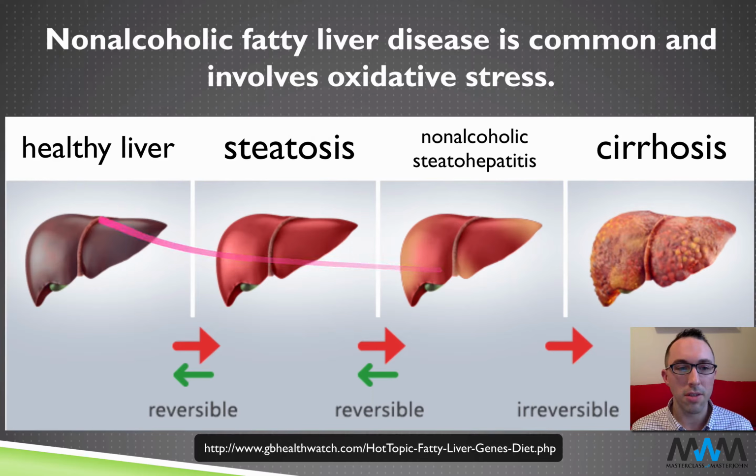And what you see on the screen is a healthy liver progressing to steatosis, which is simple fat accumulation, then progressing to non-alcoholic steatohepatitis, which is abbreviated NASH, and then to cirrhosis, which is one of the really serious complications. These first two stages are fully reversible.